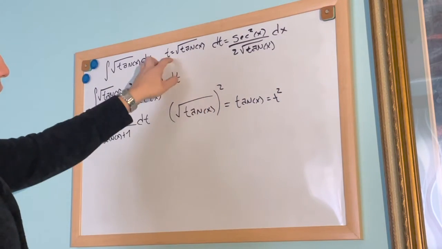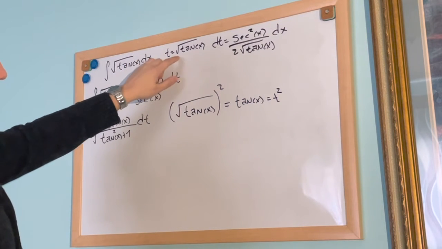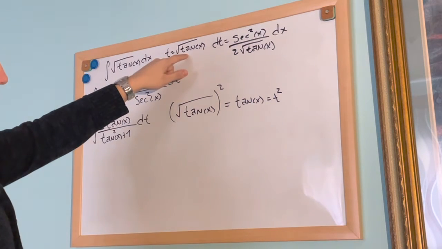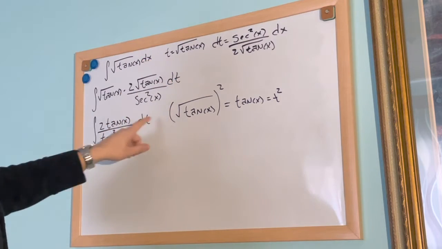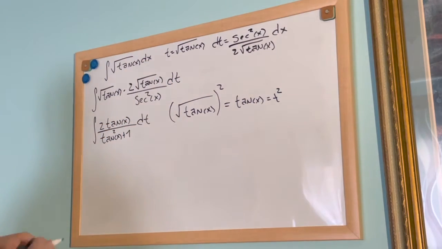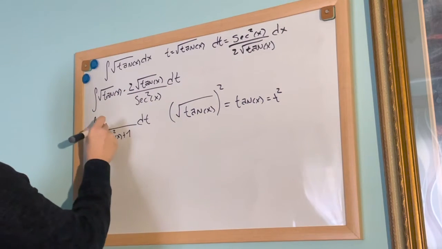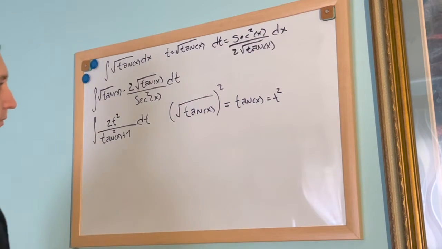So if you do one thing to one side, you have to do it to the other side. In this case, we squared the tangent of x term right here to get it to be just tangent of x, so we have to do the same over there. So we can turn this into 2 times t squared. If I remove all that right here, 2 times t squared.